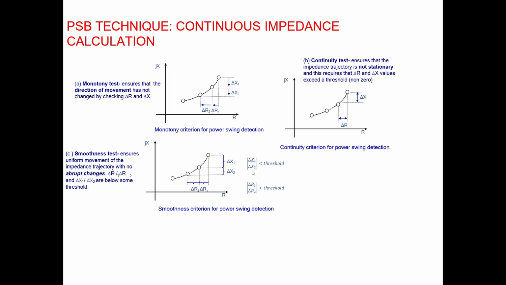In the swing center voltage method, as its name itself says, the relay simply calculates the voltage at the center of the swing and compares this voltage with some set parameters. If those parameters are satisfied, then it will detect a power swing condition, and it will block your distance protection.